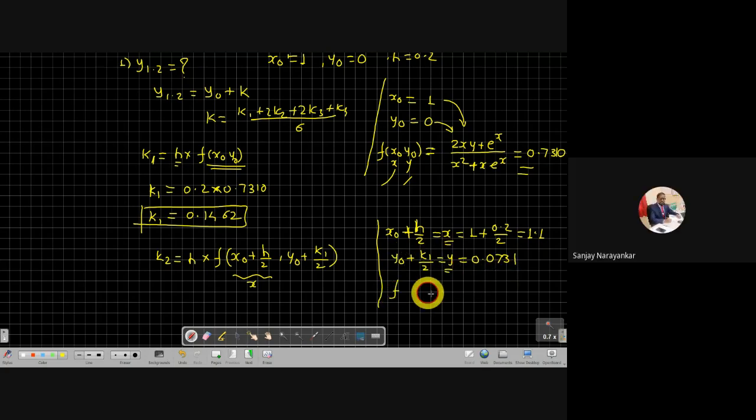So can you find out f of x0 plus h by 2 and y0 plus k1 by 2? Just put this one, this is x and y. Substitute in this formula. Your x value is 1.1 and y value is 0.073. Substitute and get the function value.